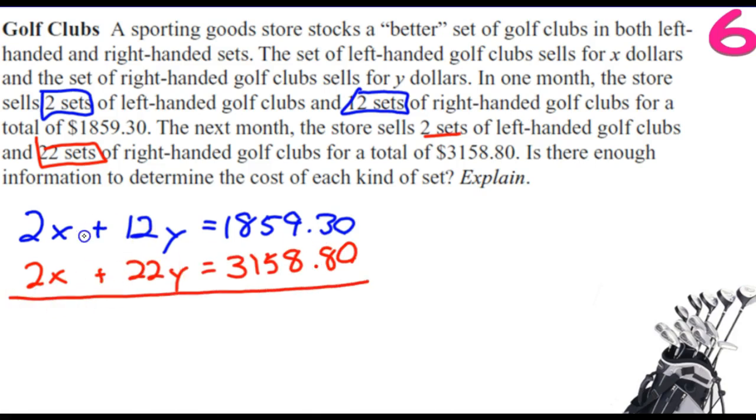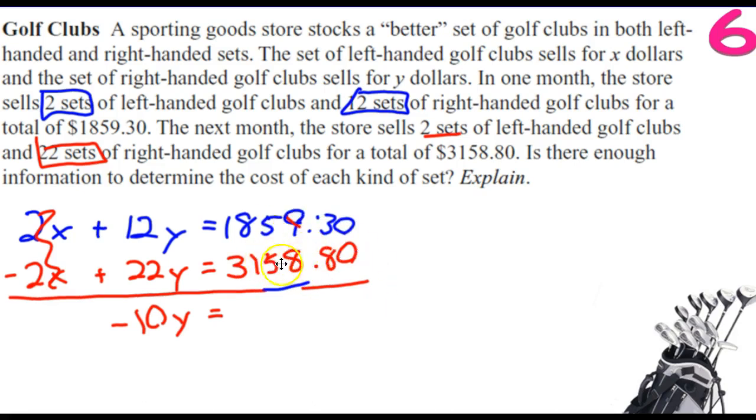Now, I see that I have two 2x's, so I can subtract these so I can eliminate them. So 2x minus 2x eliminates. 12y minus 22y is negative 10y. And then $1,859.30 subtracted by $3,158.80.